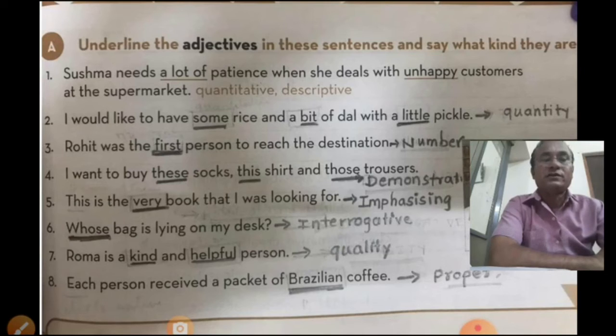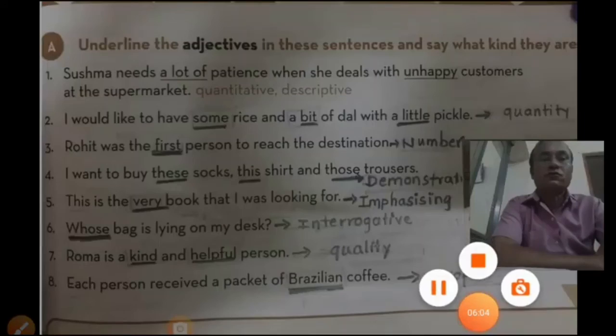An adjective which is formed from a proper noun is called proper adjective, like Indian formed from India. So this is a proper adjective.